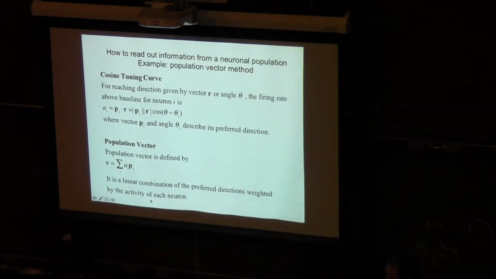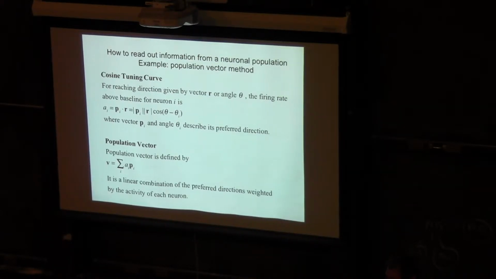People argue that if you use this, you can recover the population vector, the weighted average of the preferred directions, weighted by actual activity above baseline. This vector is always a vector, and it turns out to be probably the same direction as the activity direction, under some conditions I can explain in a second.